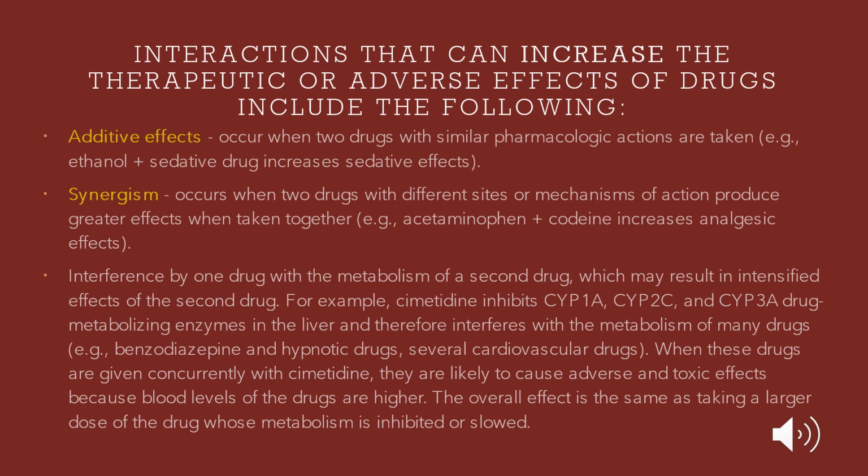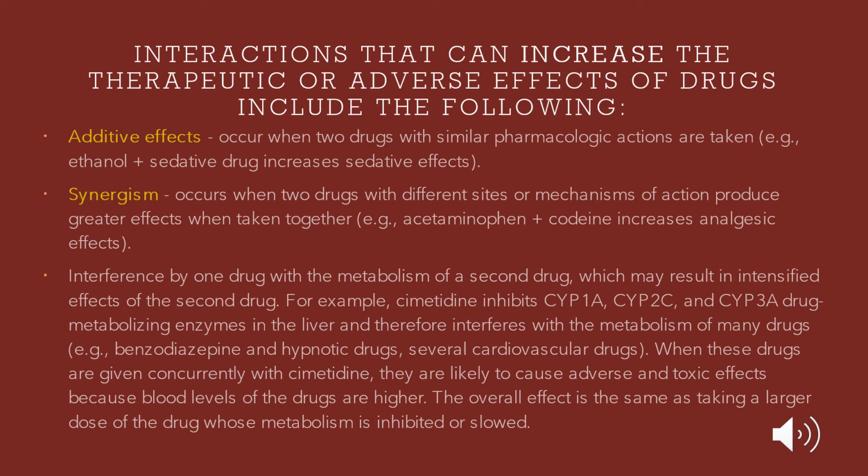Interference by one drug with the metabolism of a second drug, which may result in intensified effects of the second drug. For example, cimetidine inhibits the cytochrome P1A, cytochrome P2C, and cytochrome P3A drug metabolizing enzymes in the liver and therefore interferes with the metabolism of many drugs like benzodiazepines, hypnotic drugs, and some cardiovascular drugs.